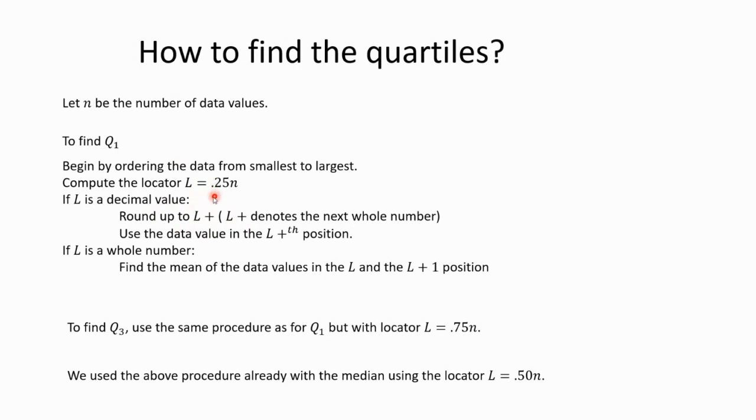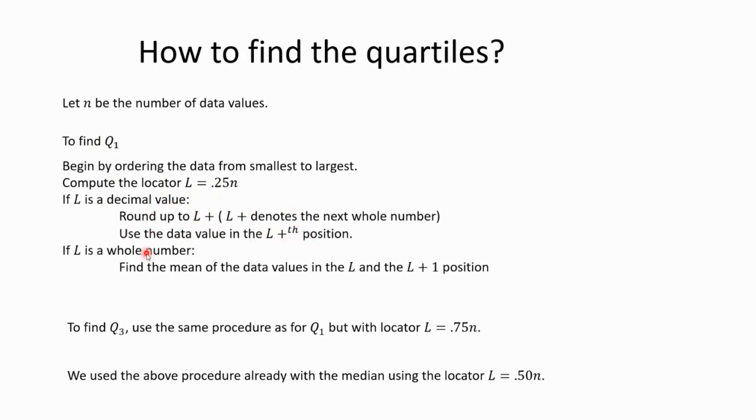So for instance, if you have 4.8, you would round up to 5 as your L. If you got 4.1, you would round up to 5 as well. You're not going to round down. You always go to the next whole number up. And then the data in the Lth position is your Q1.